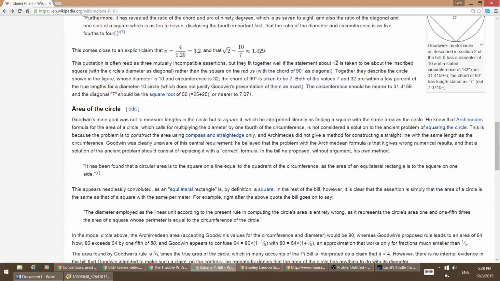This appears needlessly convoluted, as an equilateral rectangle is by definition a square.